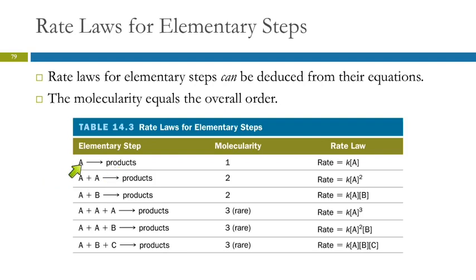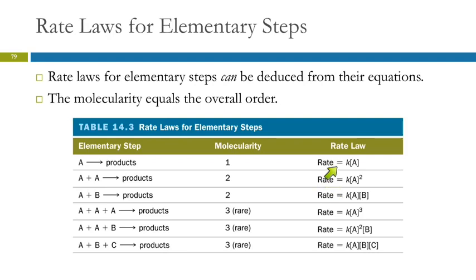Here we have a second order equation where the rate depends on the square of the concentration of A. That's going to happen when we have a bimolecular step where A is reacting with A. They have to collide. So the molecularity here of 2 corresponds to the overall order of the rate law.